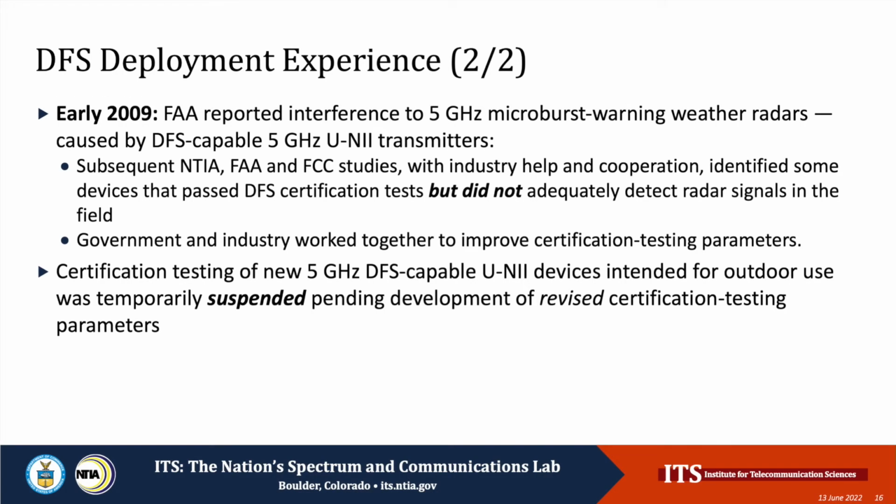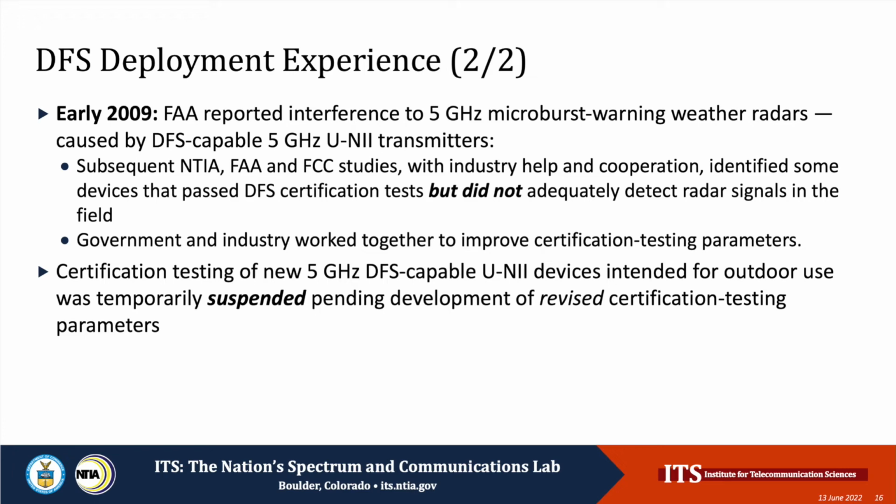In particular, by early, which is to say January of 2009, the FAA, Federal Aviation Administration, was reporting interference to its 5 GHz microburst warning weather radars, and the interference appeared to be coming from DFS-capable 5 GHz UNII transmitters.